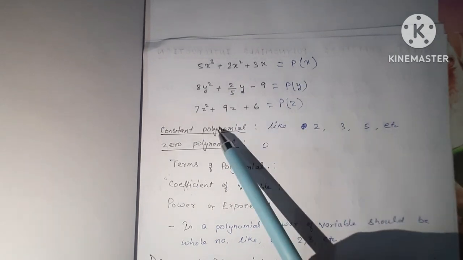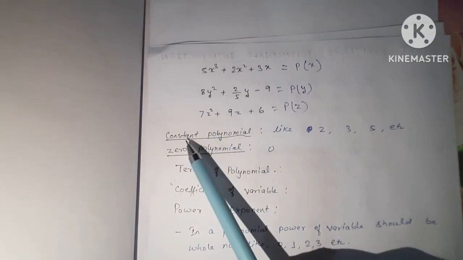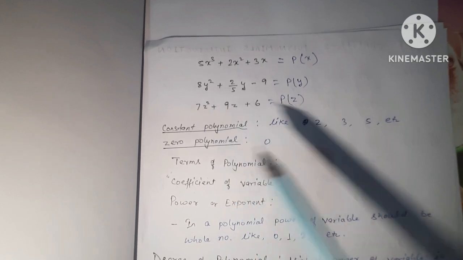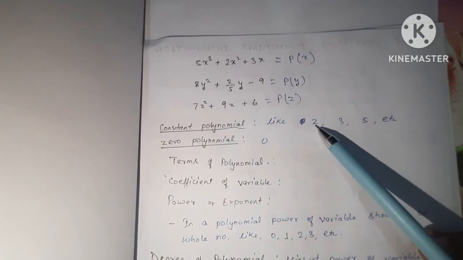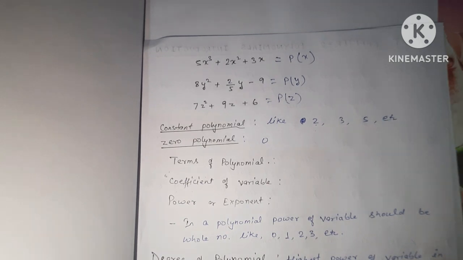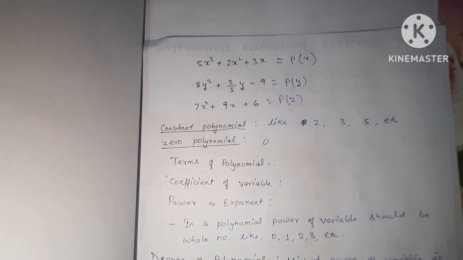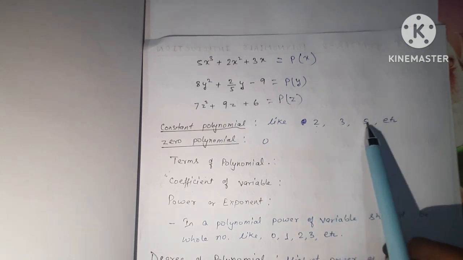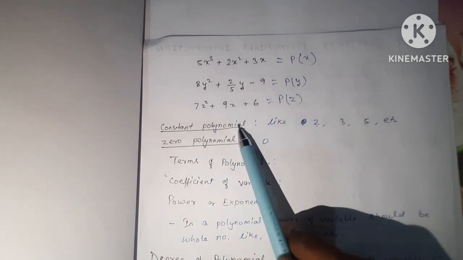Now there are two other polynomials also, like constant polynomial. It means if there is only a constant, like 2, 3, 5, 7 by 5, 10. If there is only constant, then we call it constant polynomial.